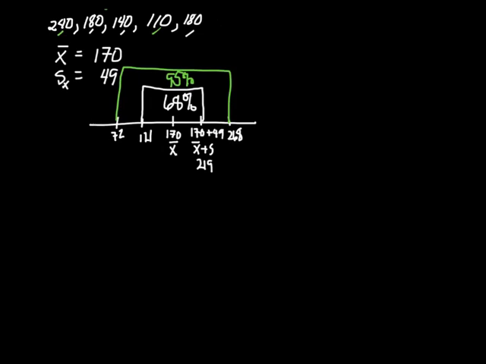So one of the things you're going to be asked to do in your problems is to find the range, the variance, the standard deviation, the mean, and then interpret the results. When you interpret, you can just say that the range is the distance between the maximum and the minimum value.